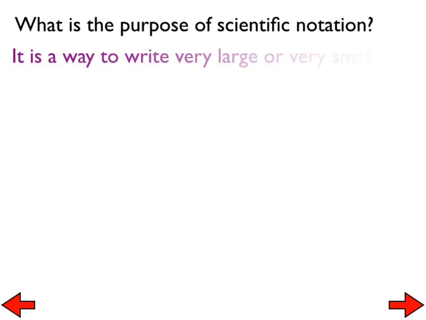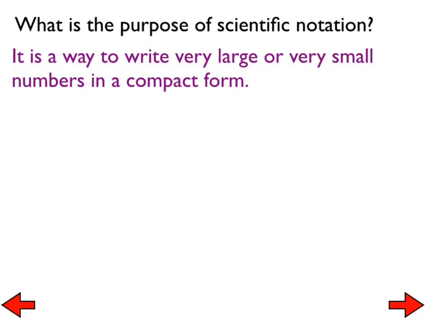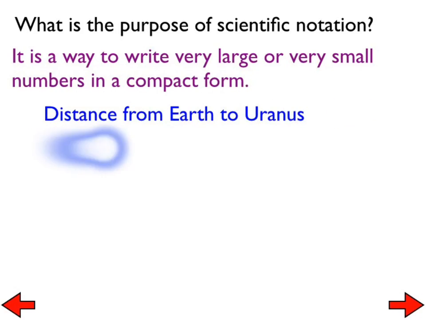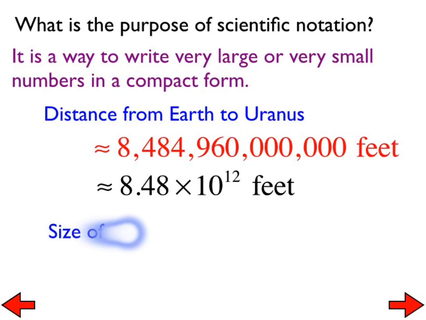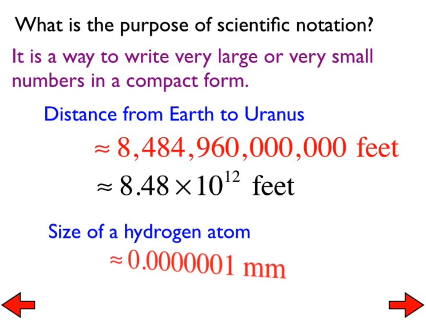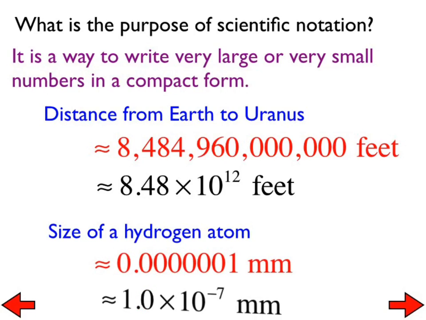So the purpose of scientific notation is a way to write very large or very small numbers in compact form, like this large number. It's a lot shorter way of writing or representing the same or a similar number, or perhaps the size of a hydrogen atom, very small, but in scientific notation it looks like that.